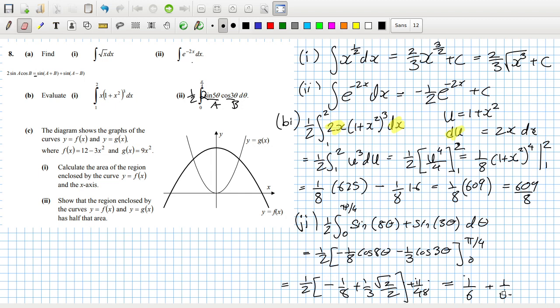No, 12 actually. Root 2 over 12. Okay, let's check the answer here. 0 to pi over 4, sine, and then whoops, and then cos. Okay, let's see.